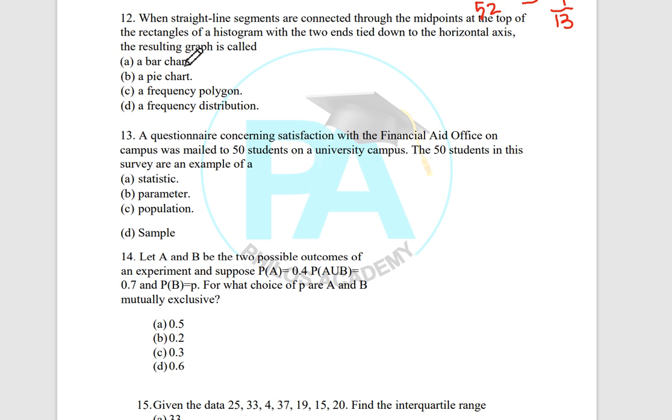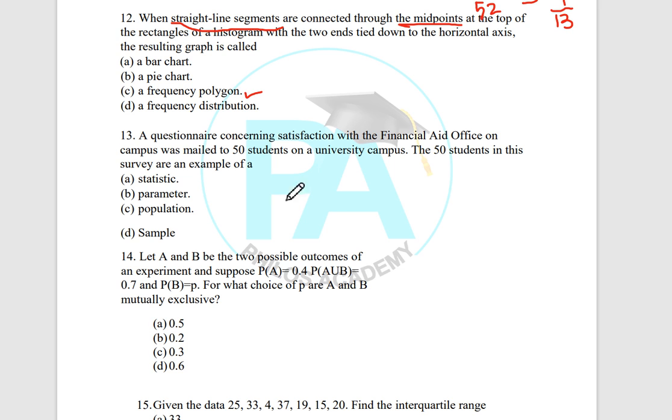The resulting graph is called the frequency polygon. So the correct answer for question 12 is C. Whenever straight line segments are connected through the midpoints, it forms a frequency polygon.